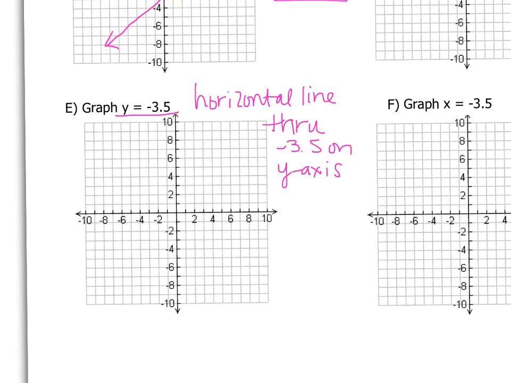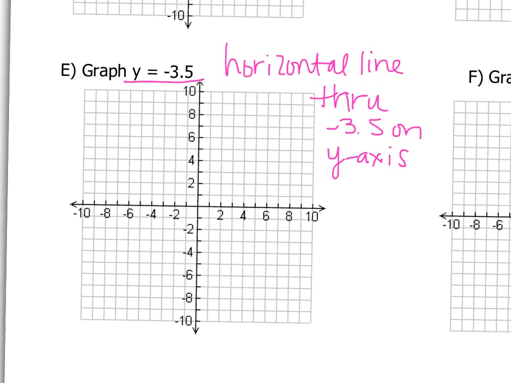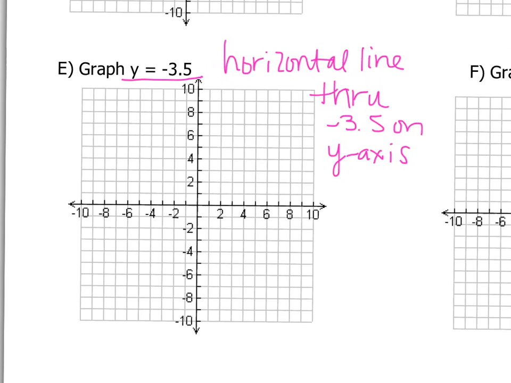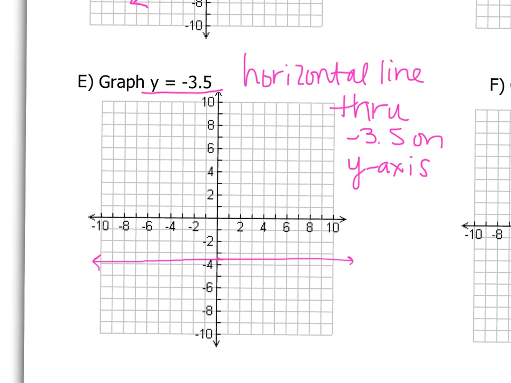So we'll plot negative 3.5 on the y-axis, which is about here, and then we'll draw our horizontal line through that. So anytime you have y equals with no x, that's a horizontal line.